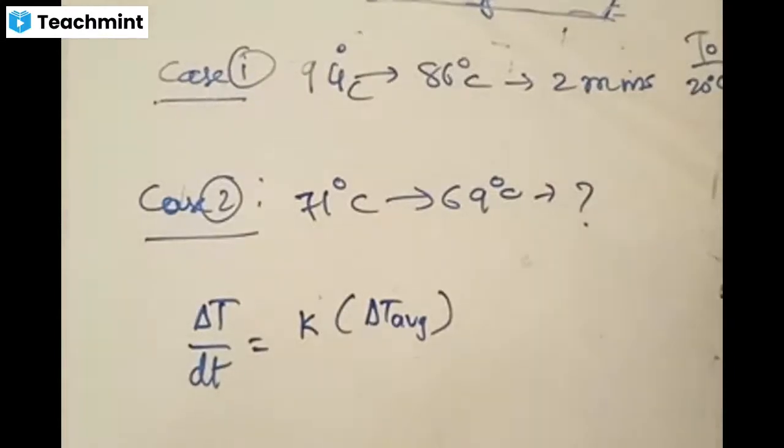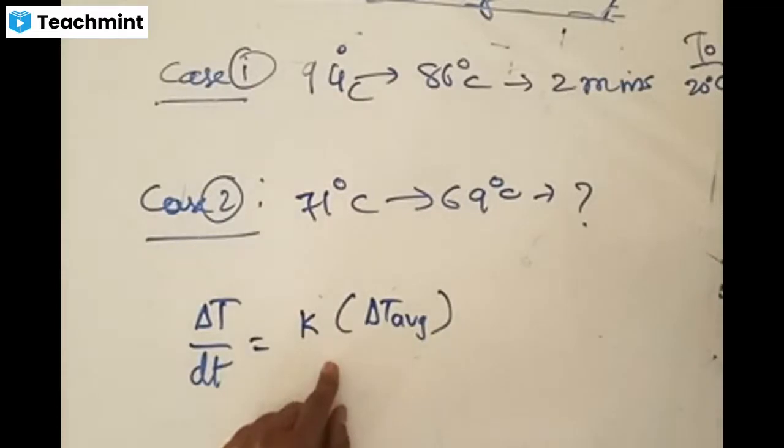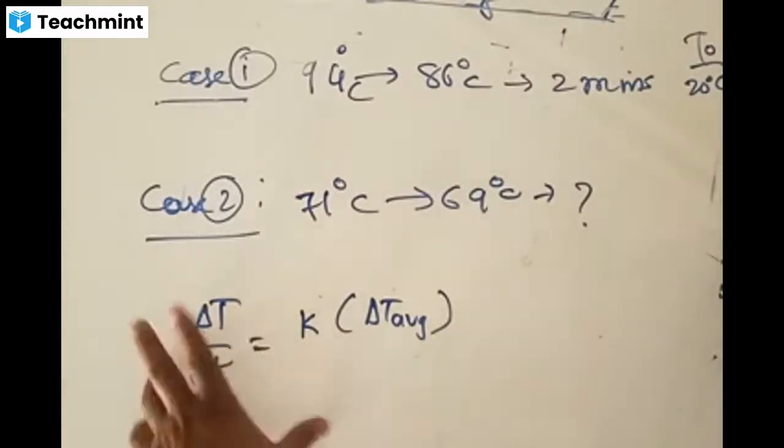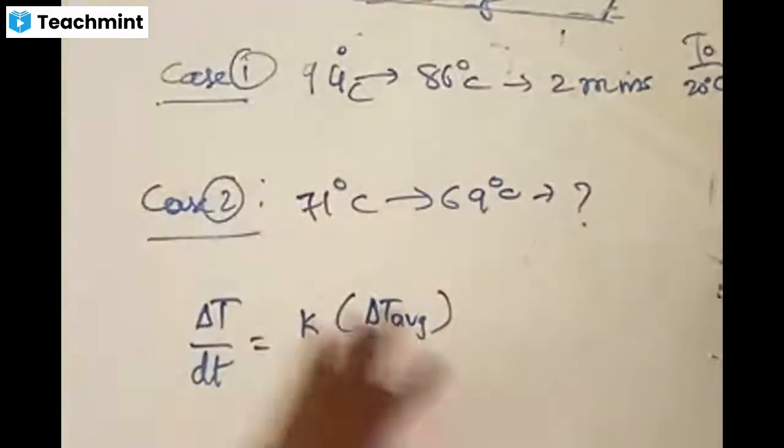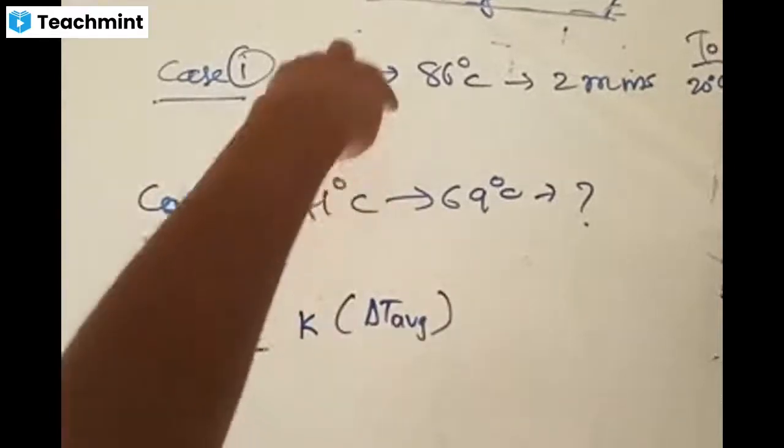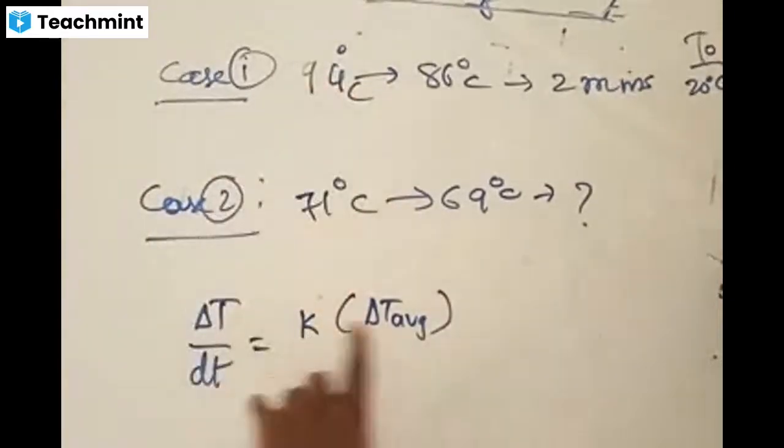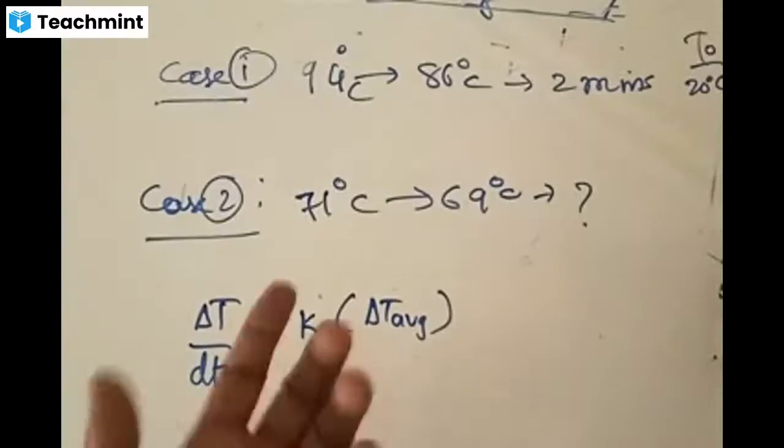I want responses. Every Newton's law of cooling problem is based on two cases. In case 1, with the data given in case 1, we have to determine the value of K. Again, using the same formula for case 2 with different numbers, use the value of K obtained in case 1 to find the needed things.